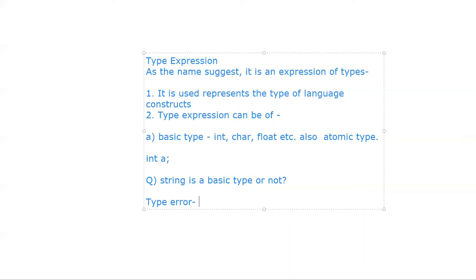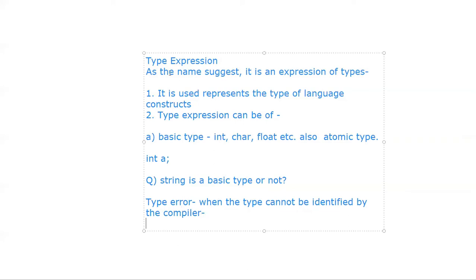What is the meaning of that? When the type cannot be identified by the compiler. Now let's take one example.